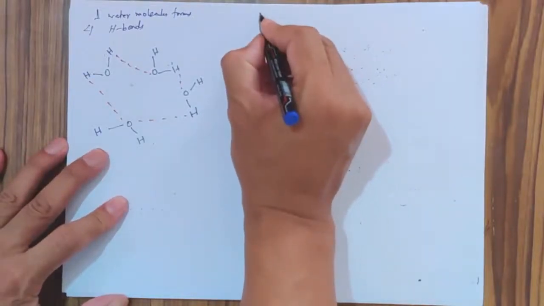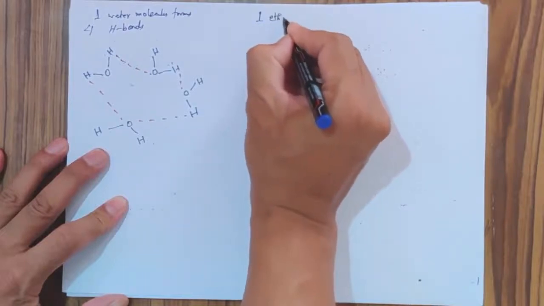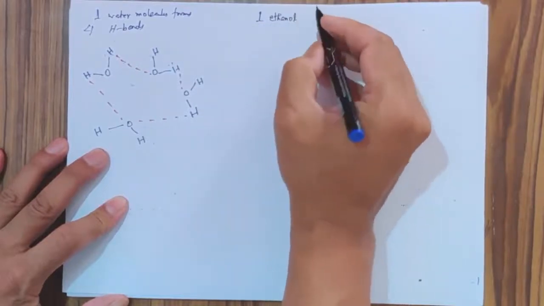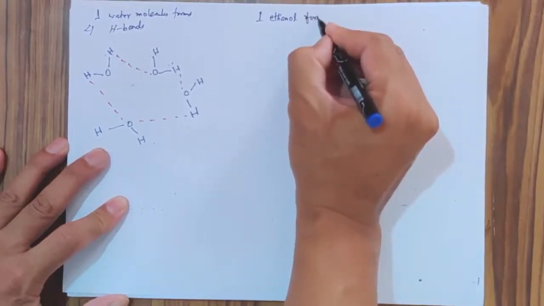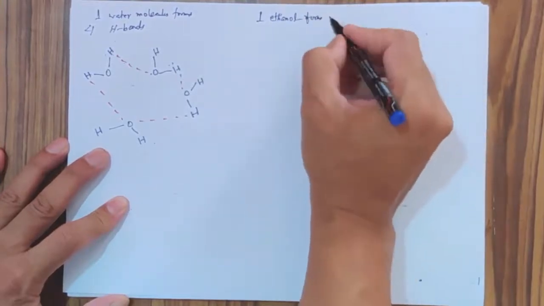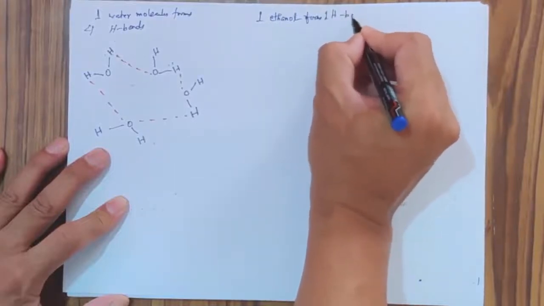Ethanol. From experiment, one ethanol molecule forms one hydrogen bond. Just one.